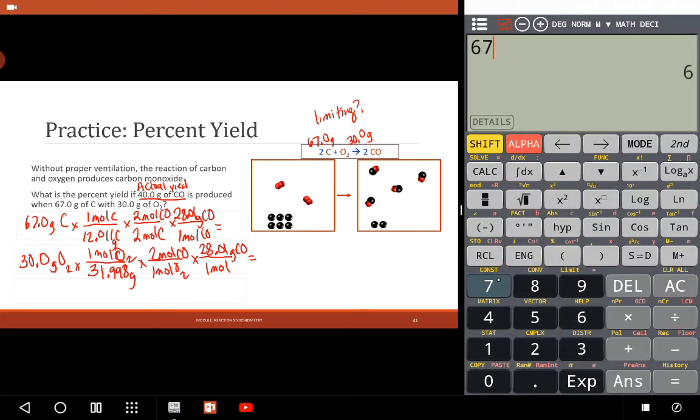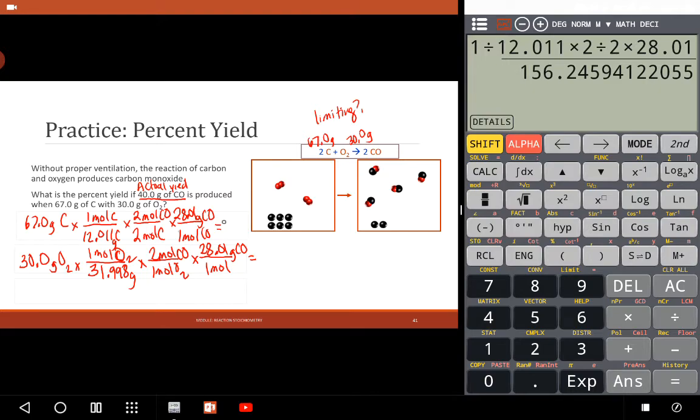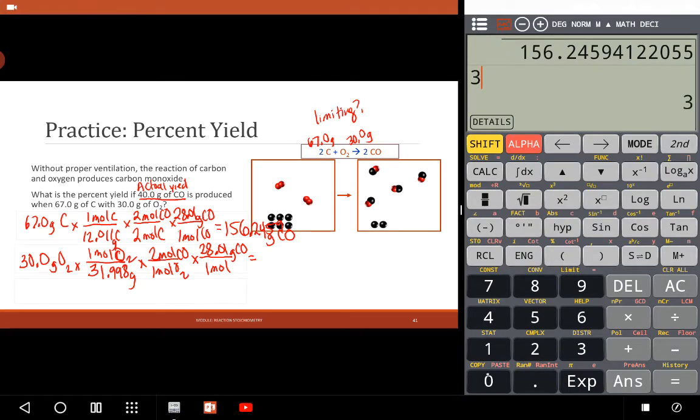Let's see, 67 times 1 divided by 12.011 times 2 divided by 2 times 28.01. And so that's going to be 156.24 grams of carbon monoxide. I'll get some extra digits just in case.